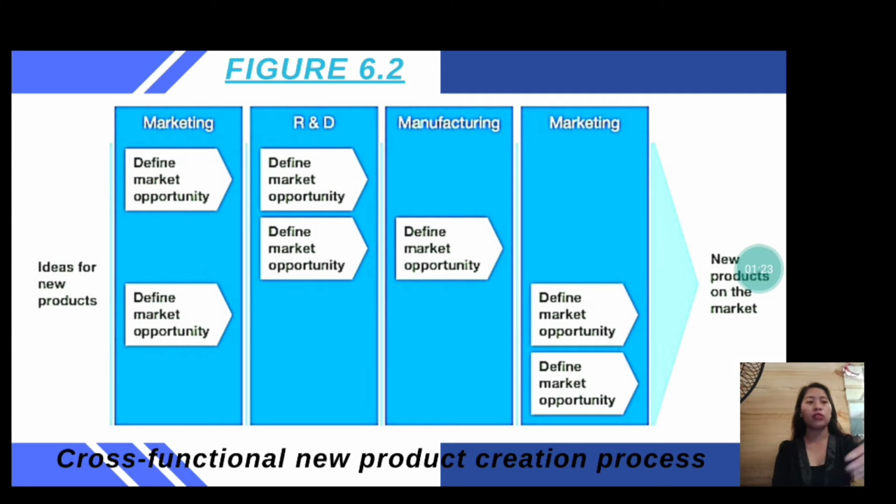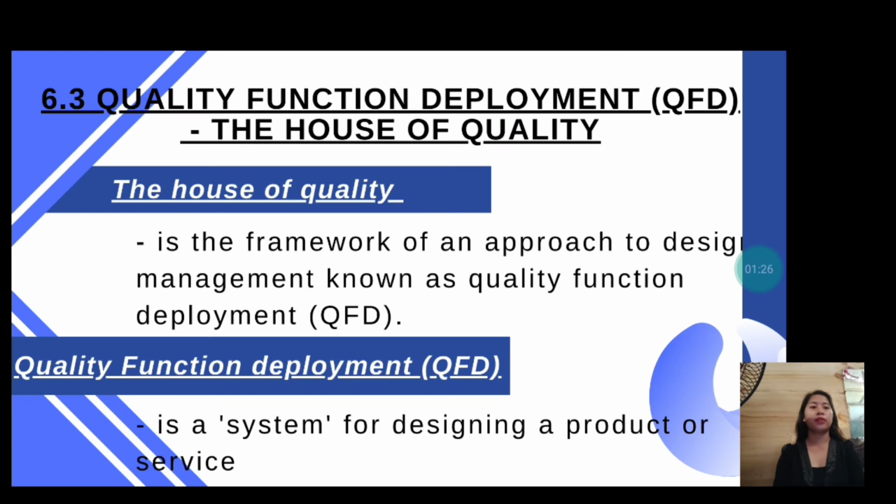So, next is quality function deployment, or the house of quality. The house of quality is the framework of an approach to design management known as quality function deployment. So quality function deployment is a system for designing a product or service.